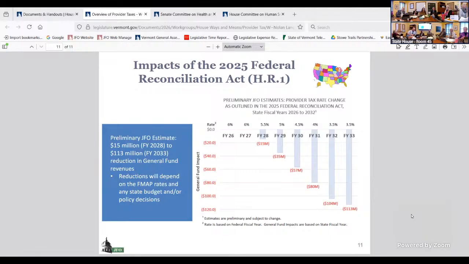And the other piece is, what are our levers? If this is the law of the land, when this comes to fruition, your levers for offsetting it are: make cuts in Medicaid, increase revenues, or find efficiencies or money from elsewhere within state government. Those seem to be your major levers.